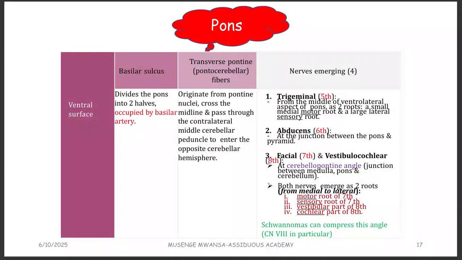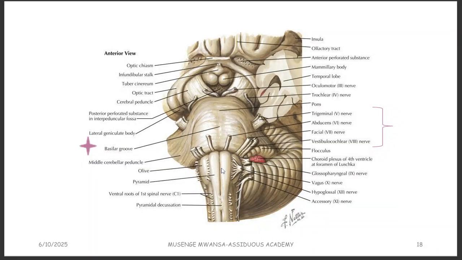What is contained in the basilar sulcus is the basilar artery. Remember what forms the basilar artery? You have got the two vertebral arteries forming the basilar artery. It is from there that the basilar artery gives branches that connect with the ones coming from the internal carotid, forming the circle of Willis.